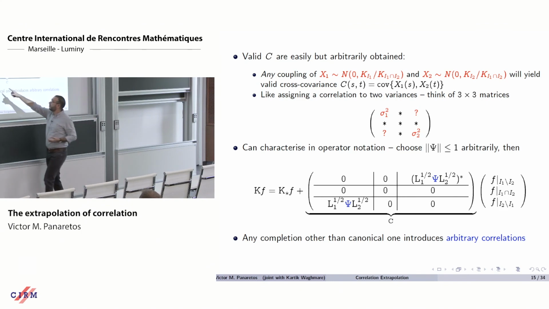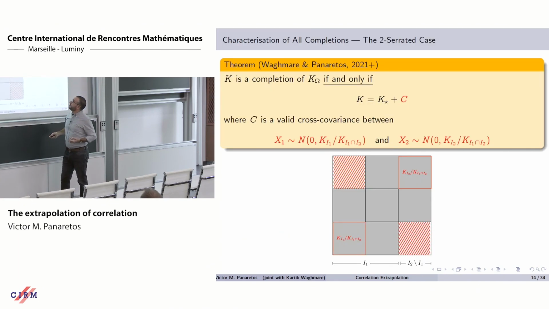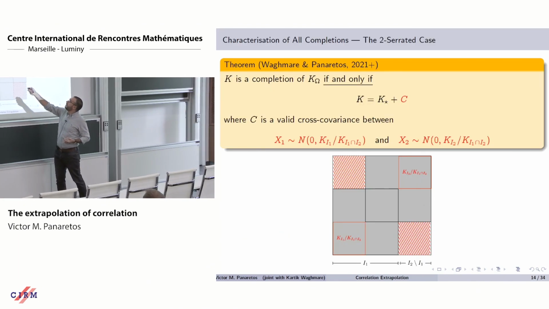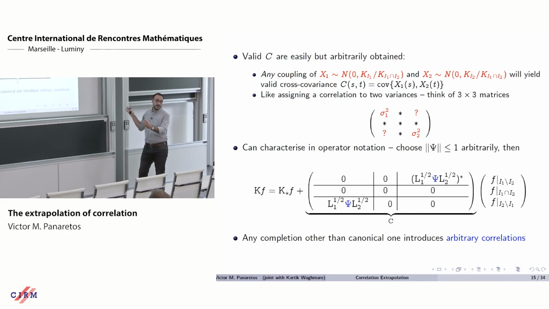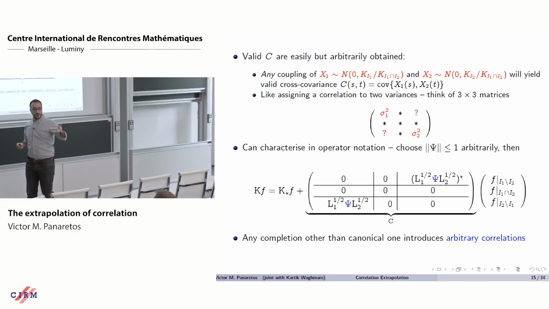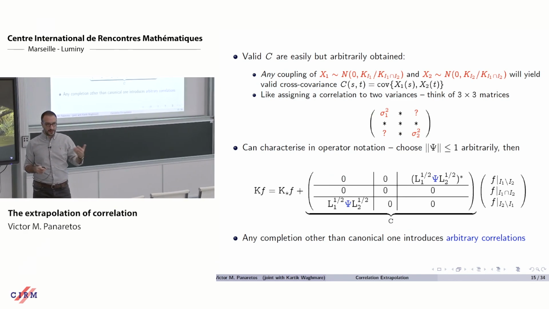We need to pick a correlation operator. This L1^(1/2) and L2^(1/2) are simply the square roots of this operator and that operator. And I just wrote it that way because it wouldn't fit in one line otherwise. Okay? So, if you want to construct any completion, pick the canonical completion, pick your favorite correlation structure, and you can get another completion.